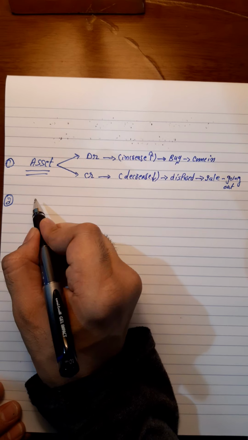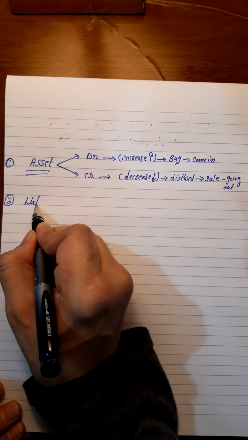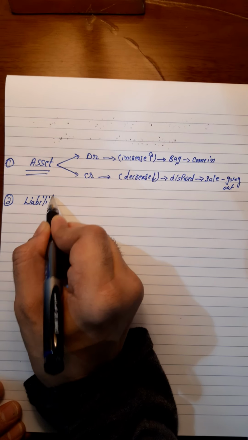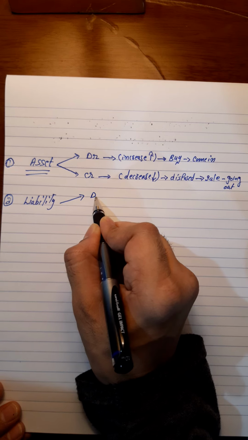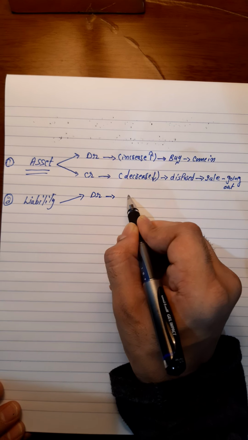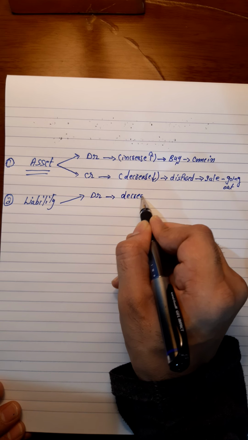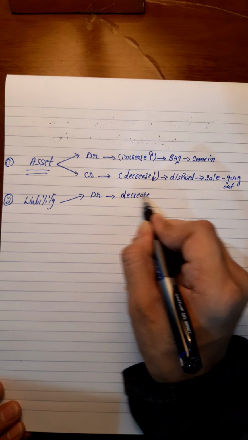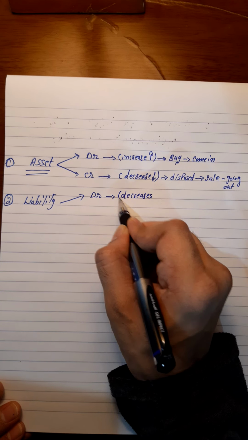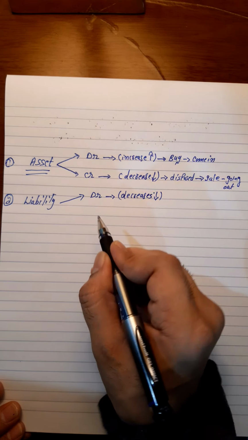Our second element is liability. Liability will debit when liability decreases. When our liability decreases, it is the opposite of the asset.